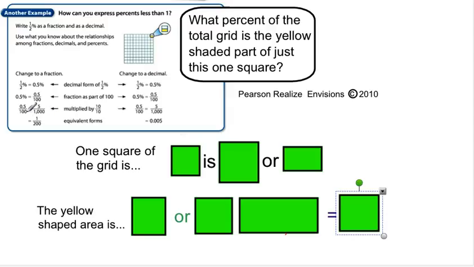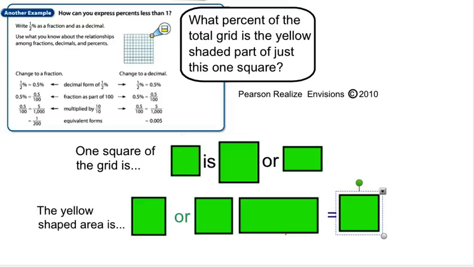So we're going to change it over to thousandths, and we're going to multiply, and we will get 5 thousandths, which then gets simplified down to 1/200th.